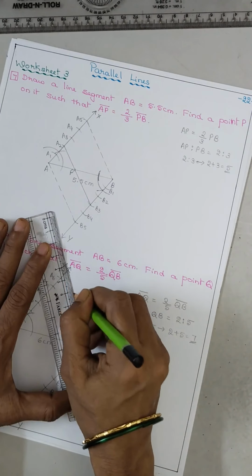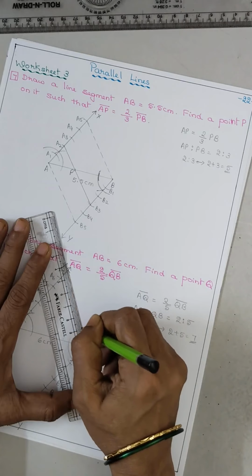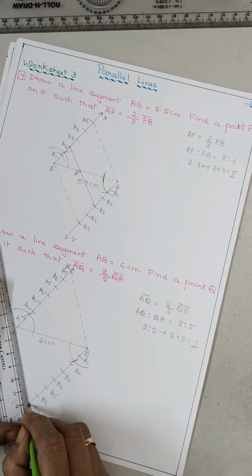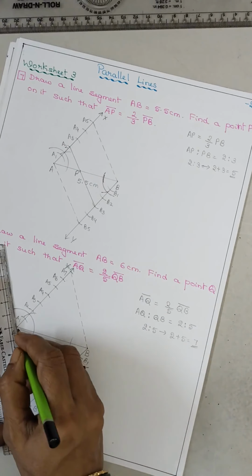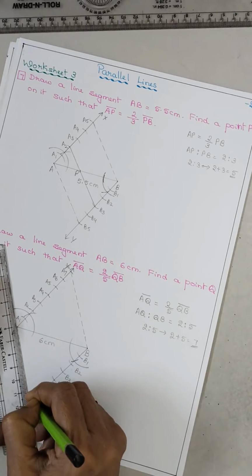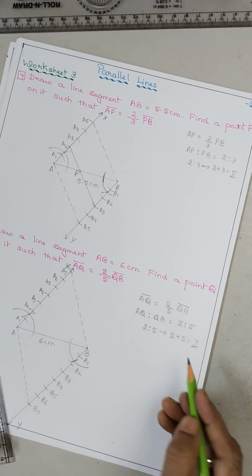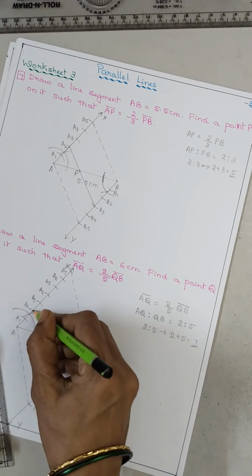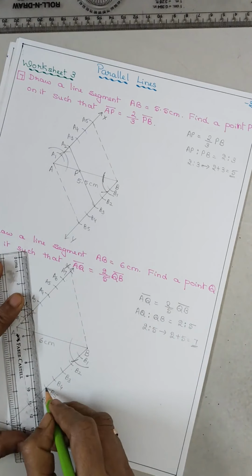With dotted lines, and here B7 and A with dotted lines. Now it is 2:5. This is 2, A2 with the B5.